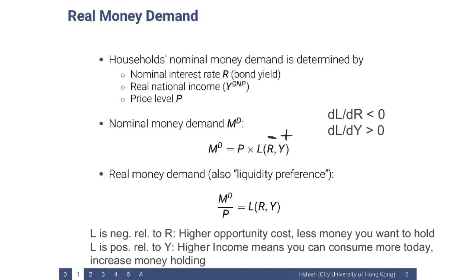If you don't know what this means, don't worry, okay? As long as you understand this, it's enough, okay? All right, comments, questions on the real money demand equation from your macro class?